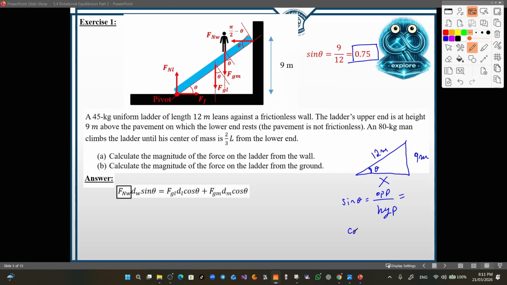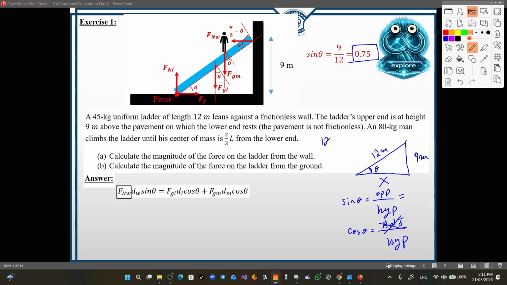Now to find the cosine, two important ingredients should be given: the adjacent to this angle and the hypotenuse. Now the adjacent is not given. We need to calculate it from scratch. According to the Pythagorean theorem, in a right triangle, the sum of the squares of the two sides is equal to the square of the hypotenuse.